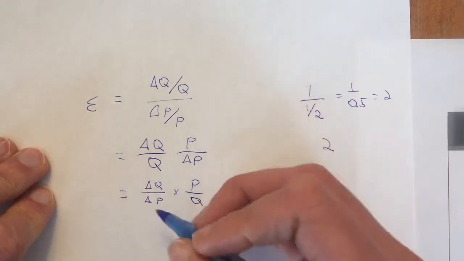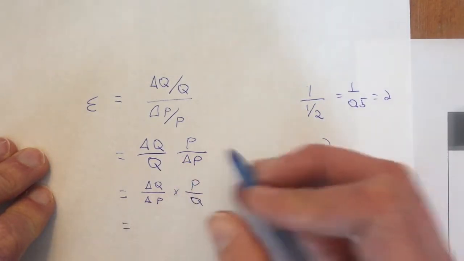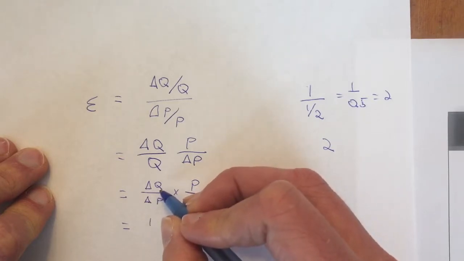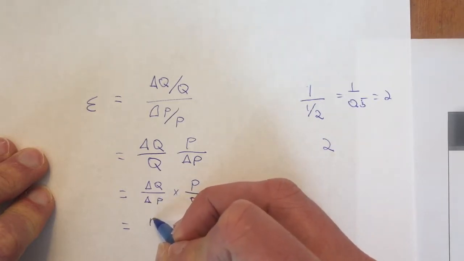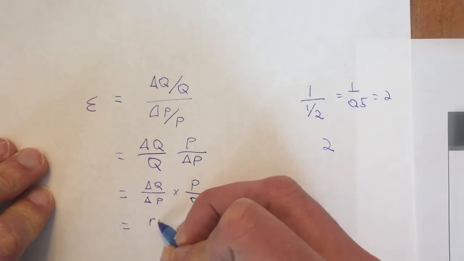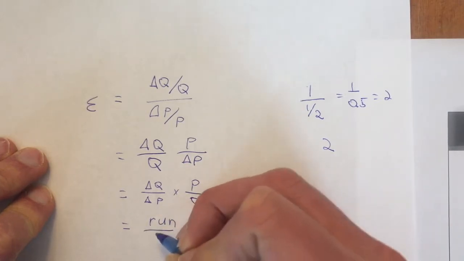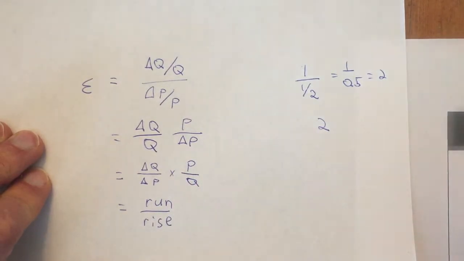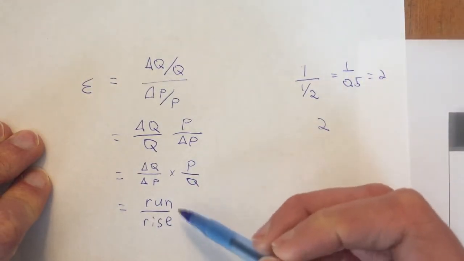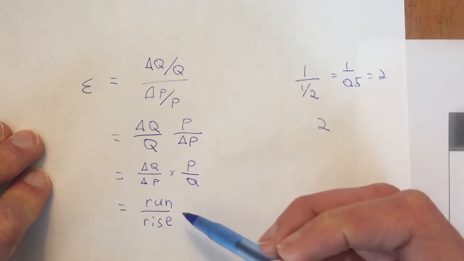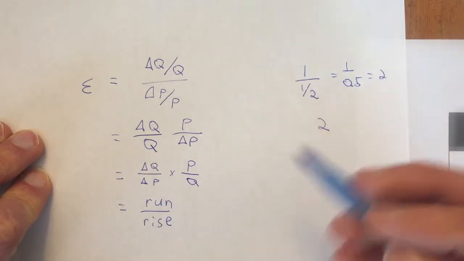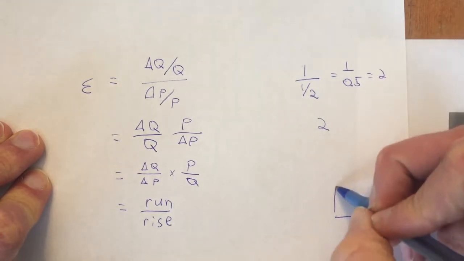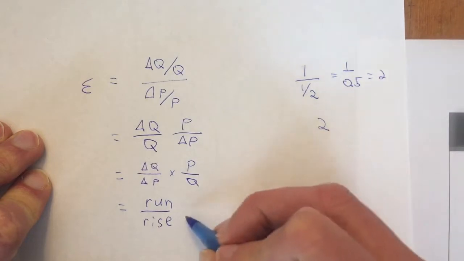So another way to write this is we can call the change in quantity, on the horizontal axis, the run over the rise. This is just a popular way of saying this in many American middle schools: the run is the change in the horizontal axis, and the rise is the change in the vertical axis.